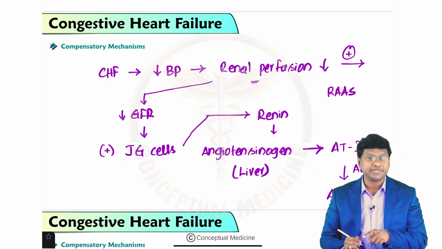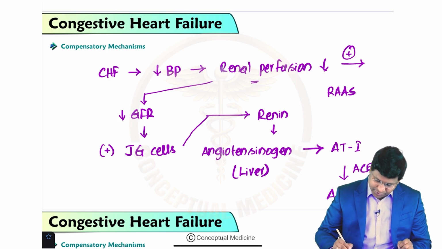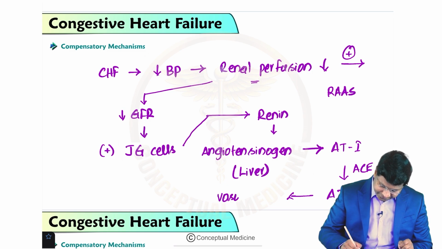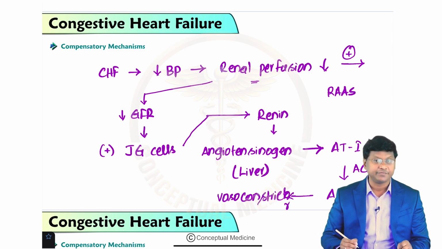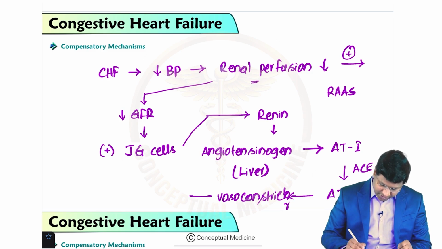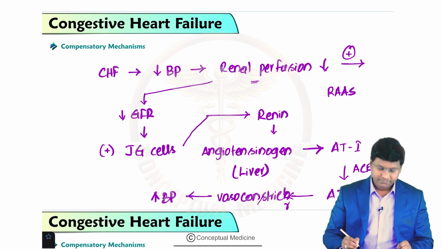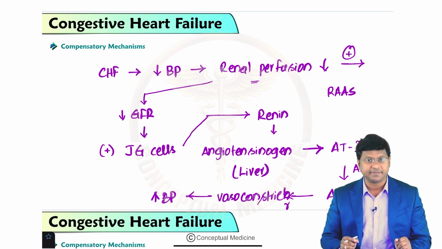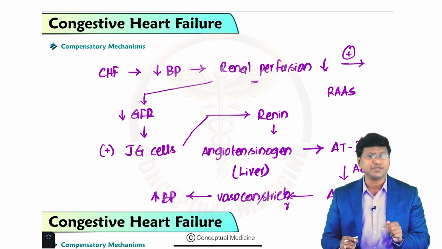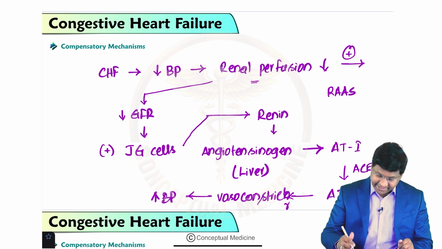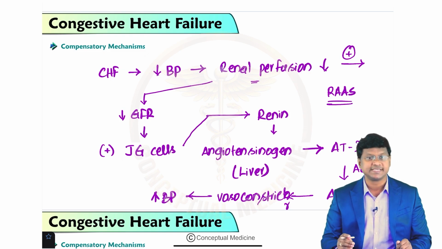And what does this angiotensin 2 do? It is a potent vasoconstrictor, and that will cause an increase in the blood pressure of the individual. So that is the second compensatory mechanism, that is, activation of the renin angiotensin aldosterone system.